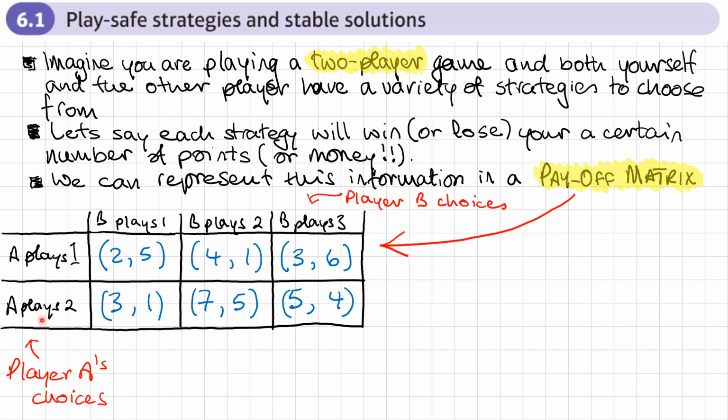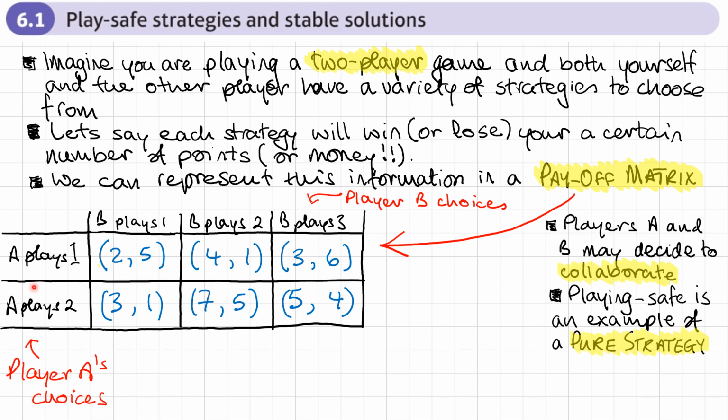So it may be that they collaborate and A plays 2, B plays 2, because that's going to sort of benefit both of them. And they can have some sort of discussion about which cell they're going to, or which strategy they're going to play.